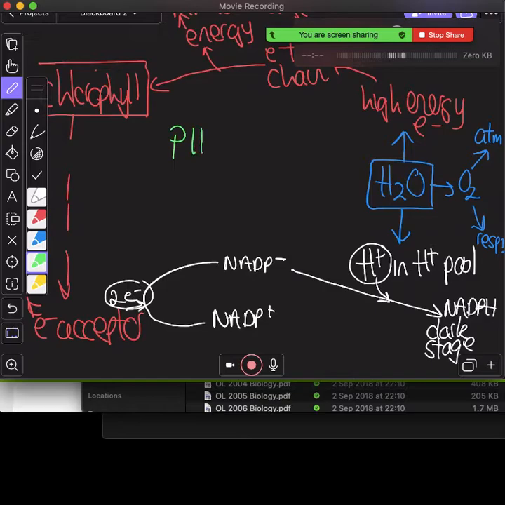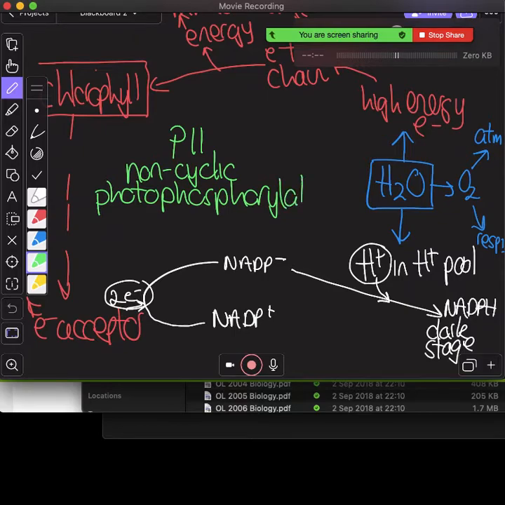They sometimes use Roman numerals for it. It is non-cyclic, and that's referring to the electrons, because it's not a whole pathway made of red. So it's a non-cyclic pathway, and they call it photophosphorylation. So the photo meaning light, so that's the light splitting up the water, and phosphorylation for the making of the ATP.